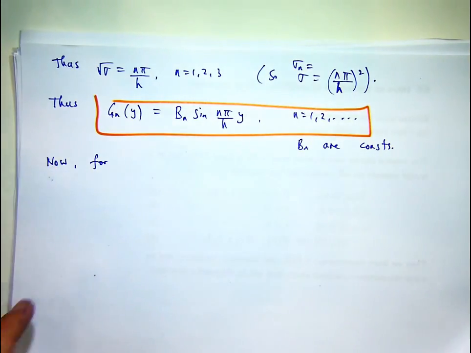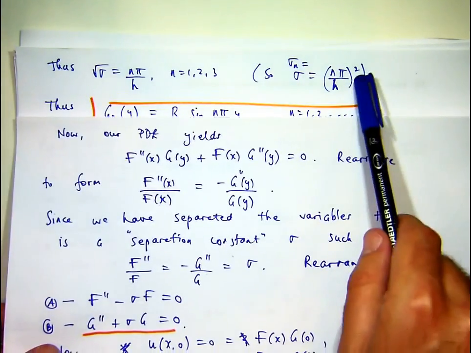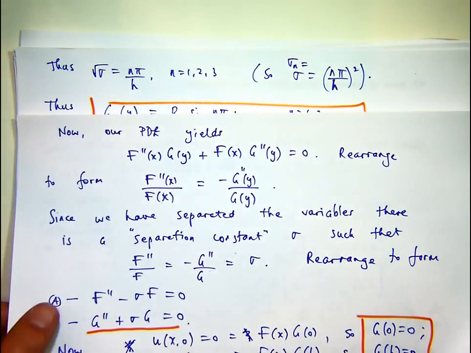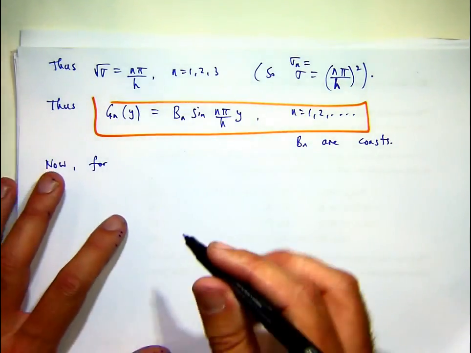In fact, you could solve problem A by just replacing this sigma with this, and you get a whole sequence of problems. I'm not exactly going to do it that way, but it's equivalent.